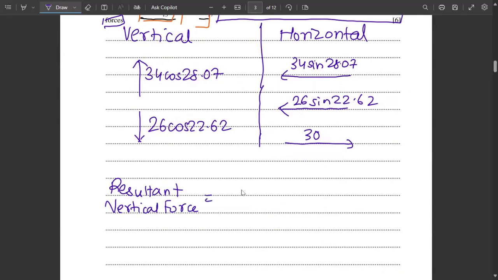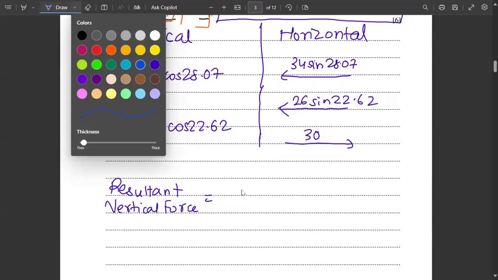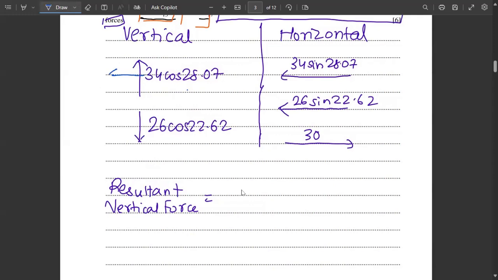So if I put this in the calculator, 34 cos 28.07 will be 30 Newton. And the value for 26 cos 22.62 will be 24 Newton.